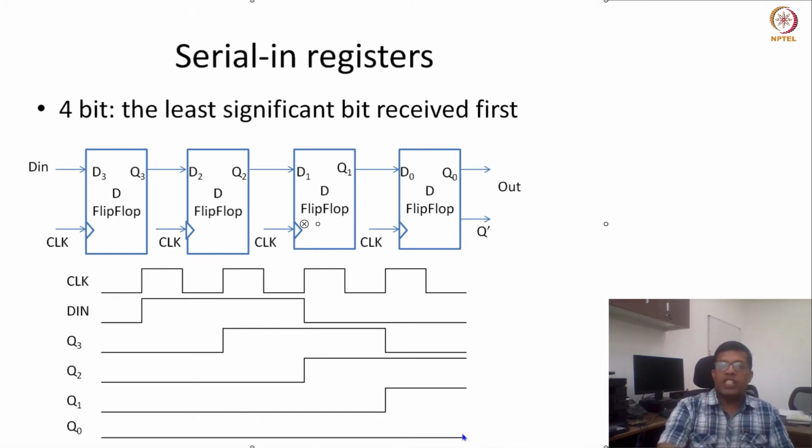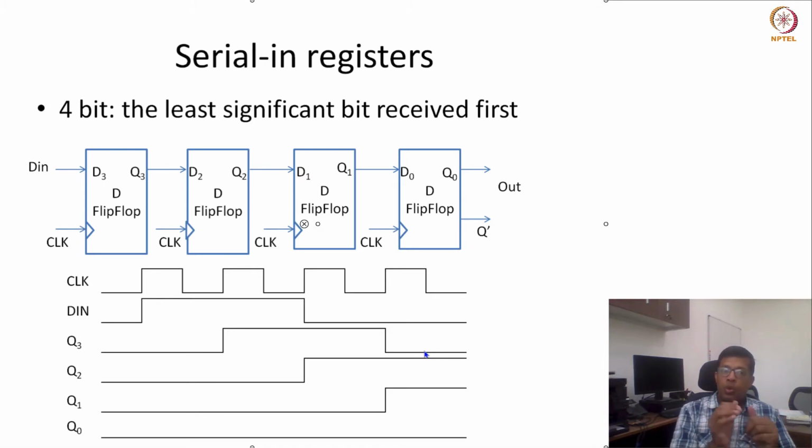If I see it this way, I can see that this particular 0 has reached Q0 as output at cycle number 4, and this is 1, this is 1, so this is my bit 0, this is bit 1, this is bit 2, and this is bit 3. So we have received them in the reverse order.